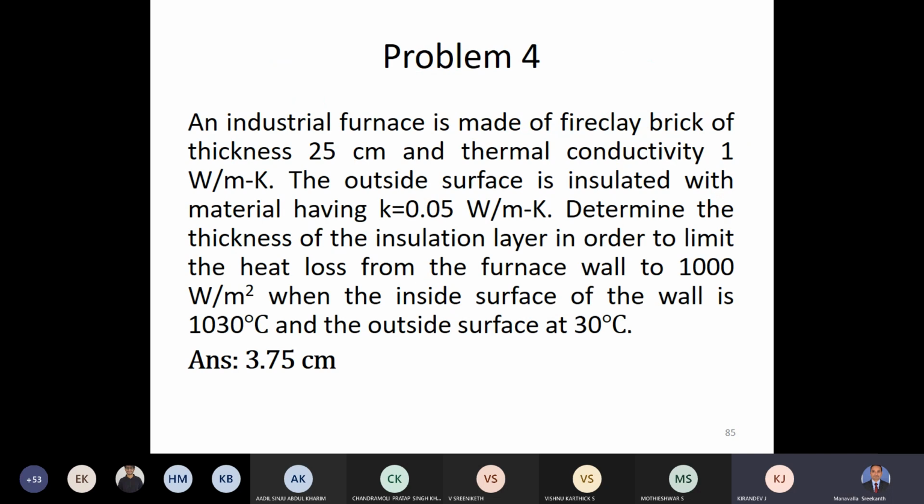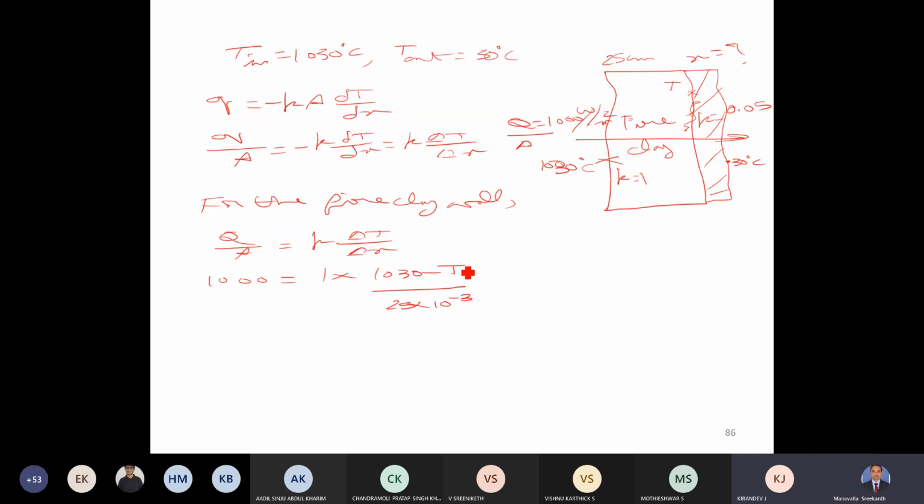Is it 25 centimeters? Yeah, so it is 10 power minus 2, or 0.25. So using this, you can actually find the value of T, the temperature of the intermediate surface. So this is 780 degrees Celsius. This is the temperature.